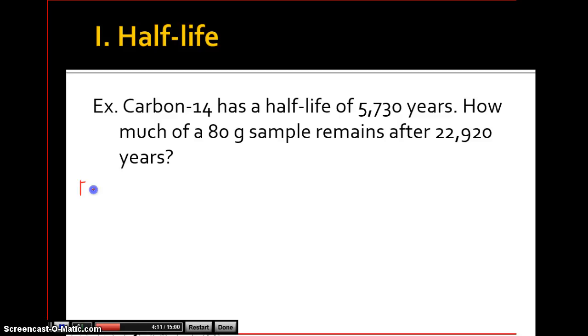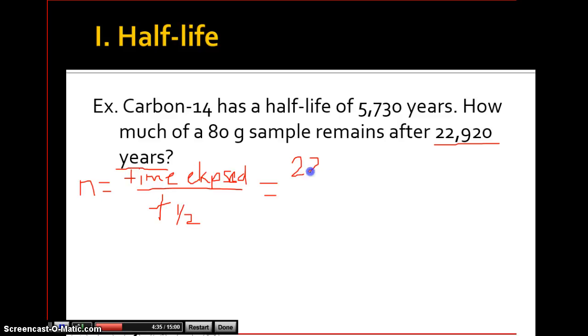So you first need to solve for the little n again, which is time elapsed over half-life time, which again is t1/2. The time elapsed was 22,920 years, so 22,920 years over 5,730 years.